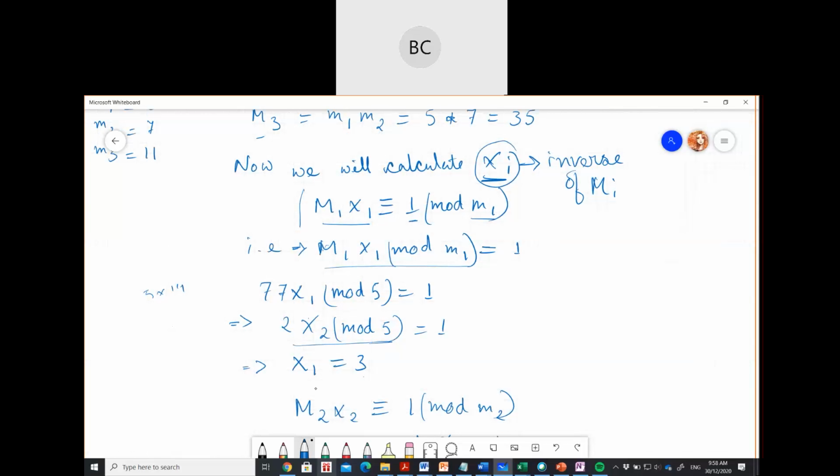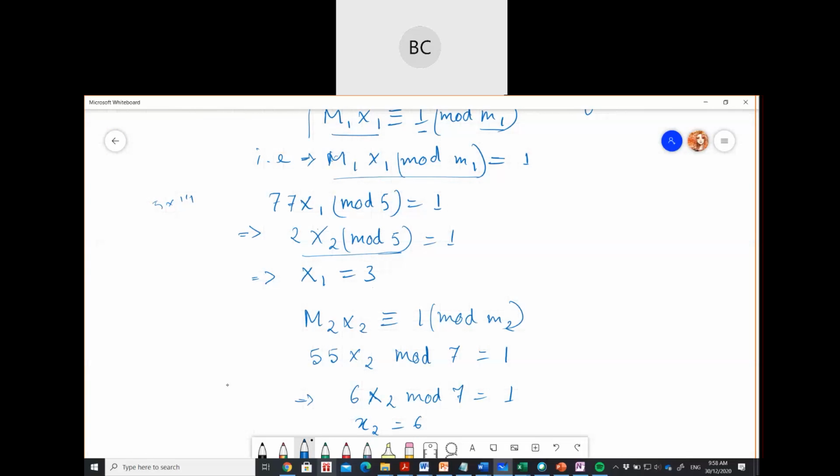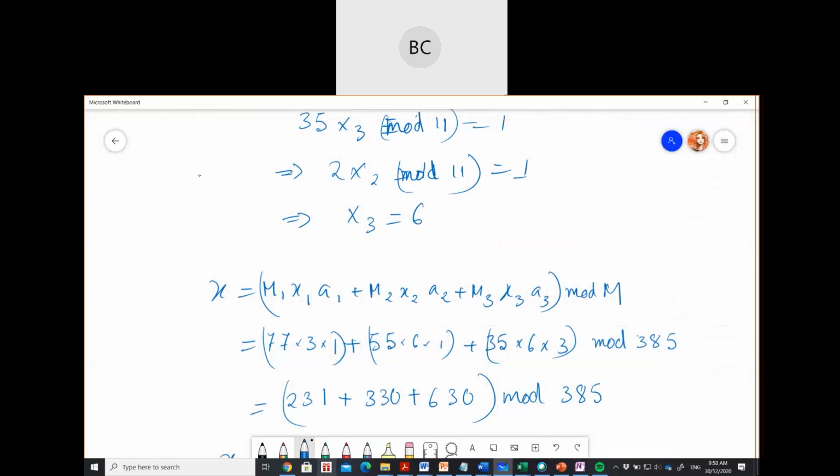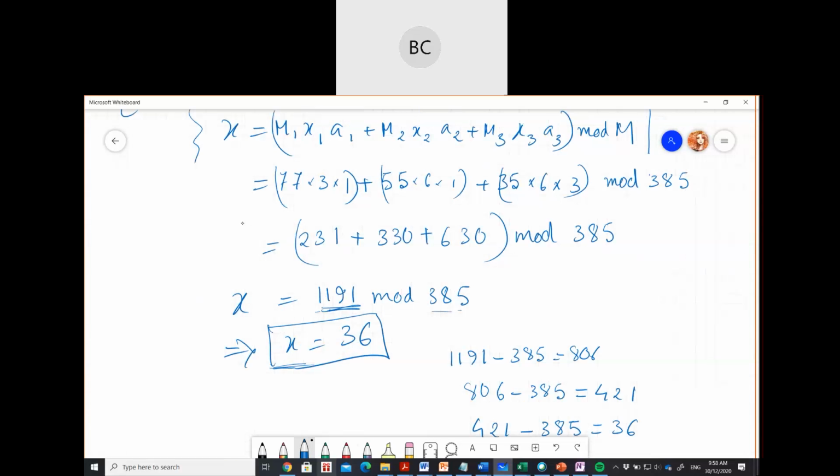Once you get all values of x1, x2 and x3, finally you put them in the main equation, your main Chinese remainder theorem equation. After that you will find x, and x is the main solution.